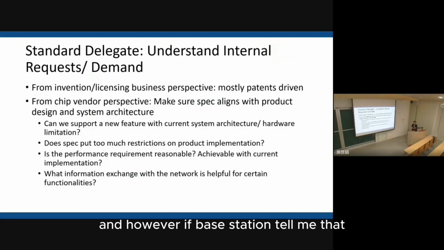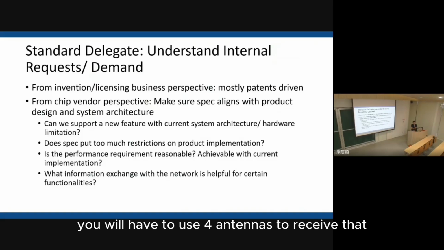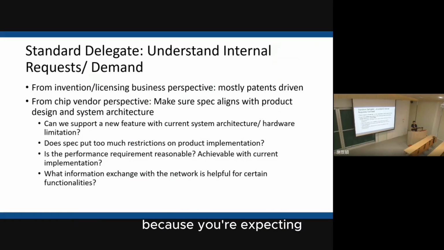However, if the base station tells me, "Oh, I'm going to always send you 4 layers of data until I tell you I'm going to change," then you will have to use 4 antennas to receive that, because you're expecting 4 layers of data.